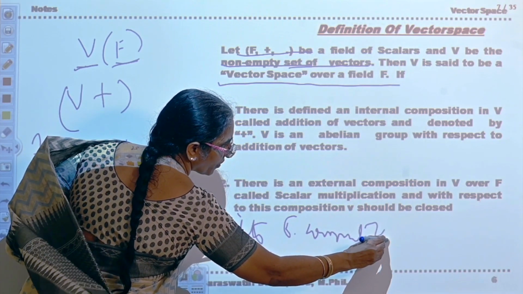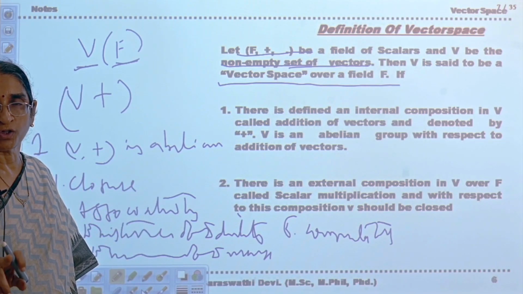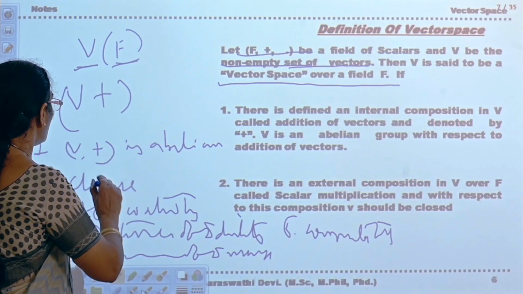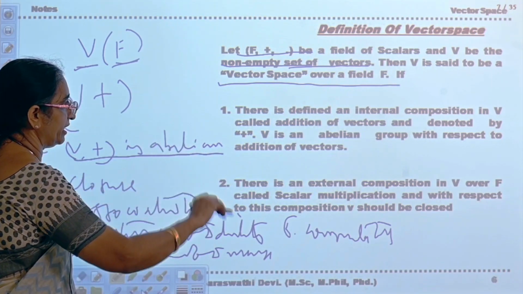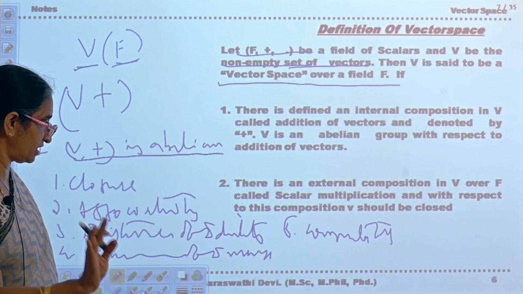If all these 5 properties are satisfied by V with respect to the internal composition, then V plus is said to be abelian. That is the first condition V should satisfy to be a vector space.